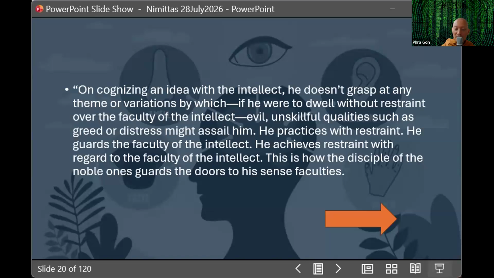So basically every sense contact is considered dangerous. So we need skill. Unskill means the natural default programming. In order to guard the senses, you need skill, skill to overcome this greed or anger.